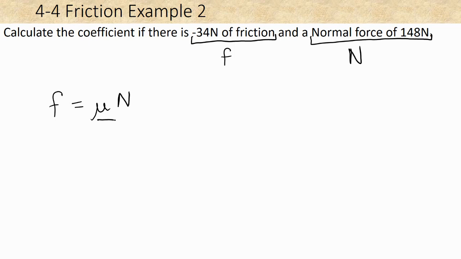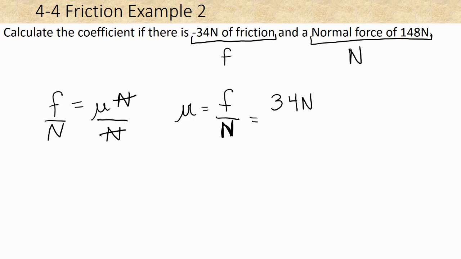So to get the normal force away from the coefficient, we have to divide it on both sides. So mu is friction divided by normal force. We're going to drop the negative because the coefficient doesn't have a direction associated with it.